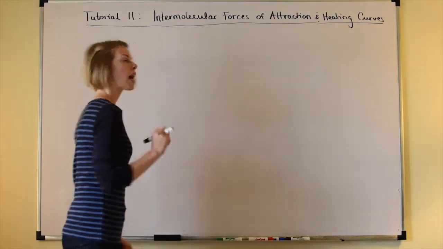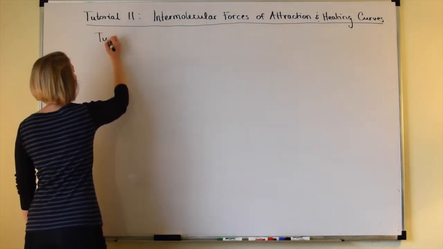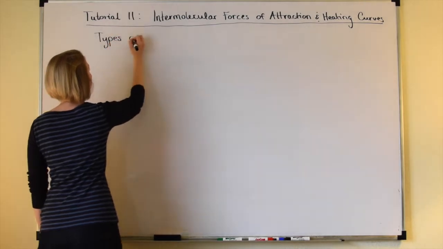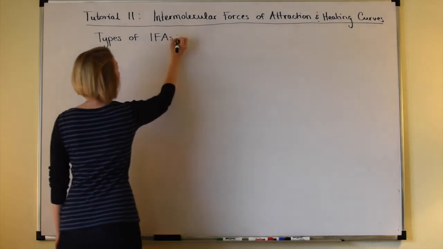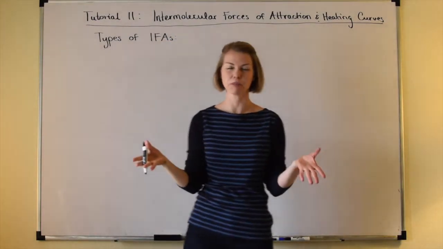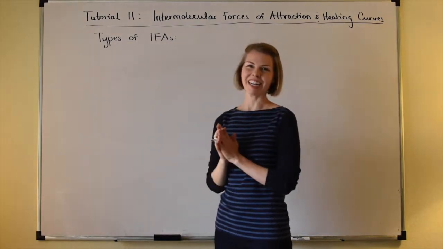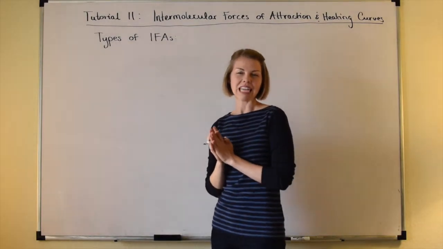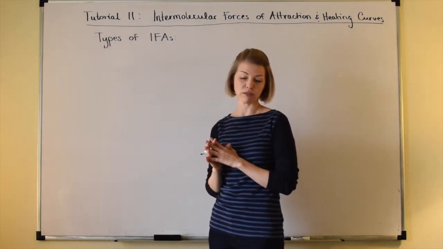Okay, 3 types of intermolecular forces of attraction. So I'm going to write IFAs just to save a little time. I'm always going to write IFAs to abbreviate intermolecular forces of attraction because it's kind of a long thing to write. All right, so we're going to start with dipole-dipole, or what's sometimes called dipolar forces of attraction.